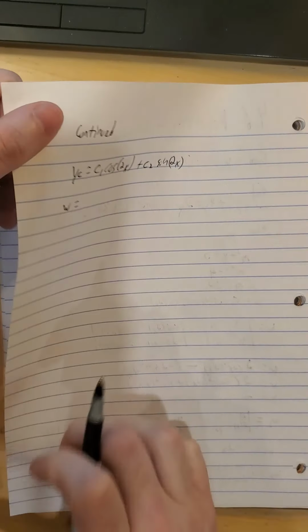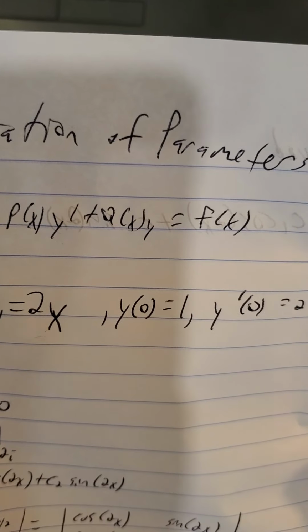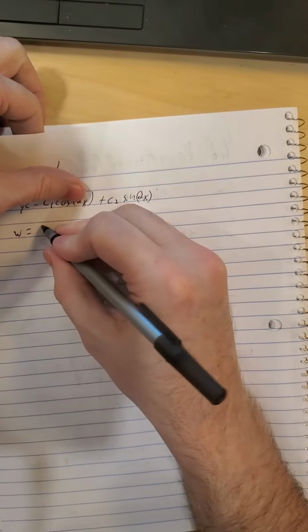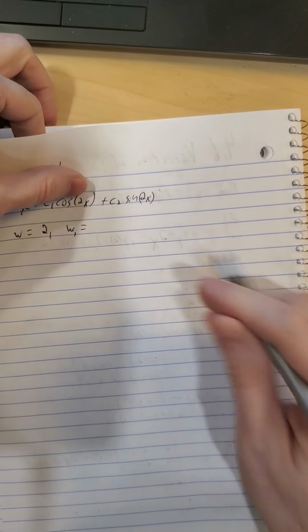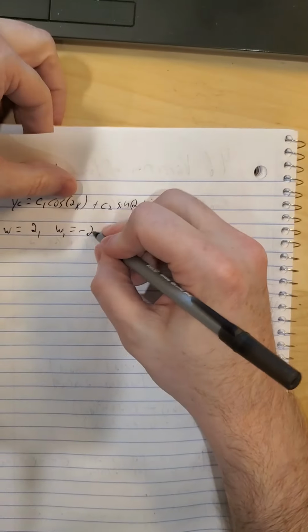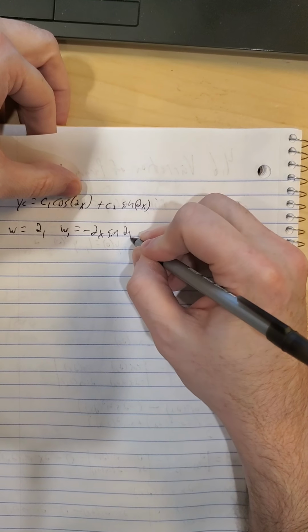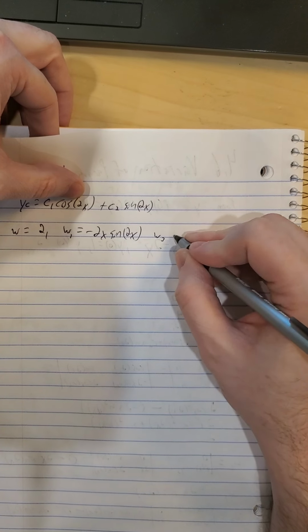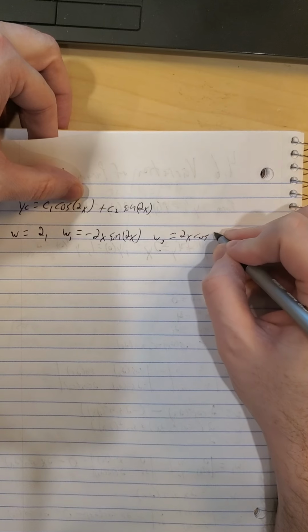We learned that W was worth a nice, neat, pretty 2. That W1 was negative 2x sine of 2x, and that W2 was 2x cosine of 2x.